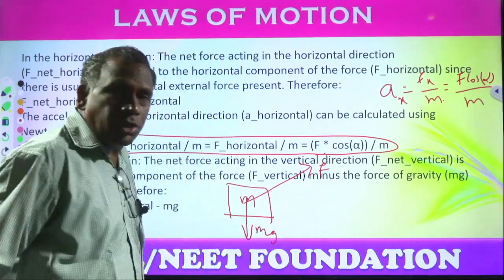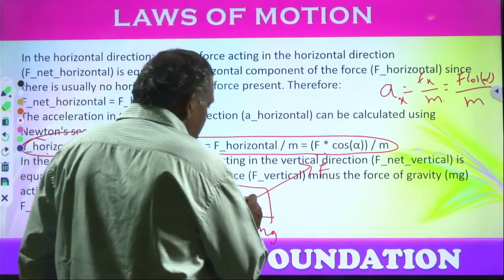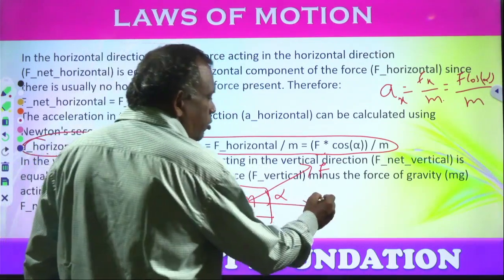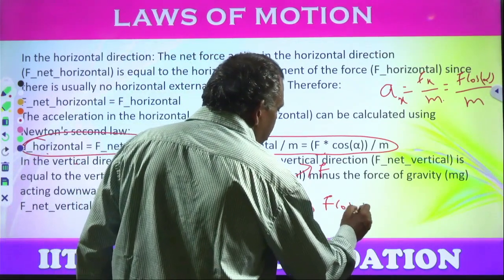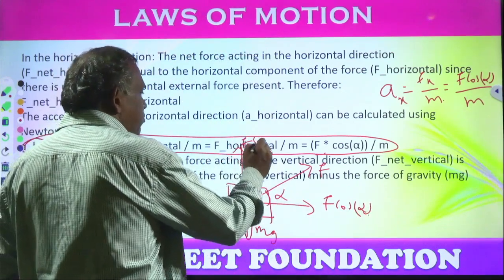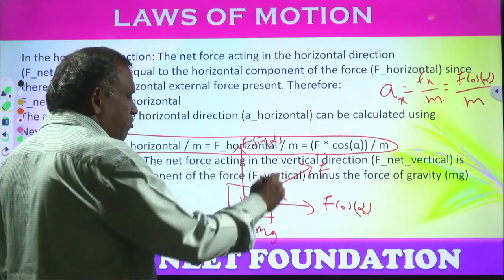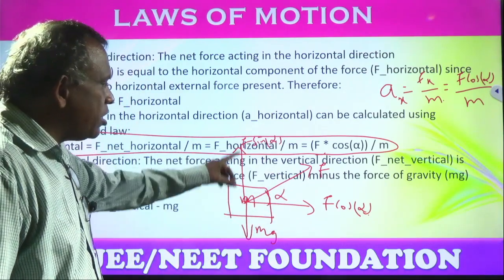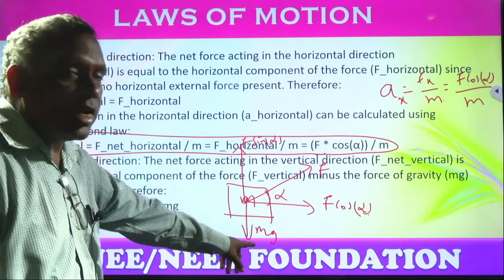F is the force, resolved with alpha as the angle of inclination into F cos alpha and F sin alpha. If you observe carefully, the net force in the vertical direction is F sin alpha minus mg.